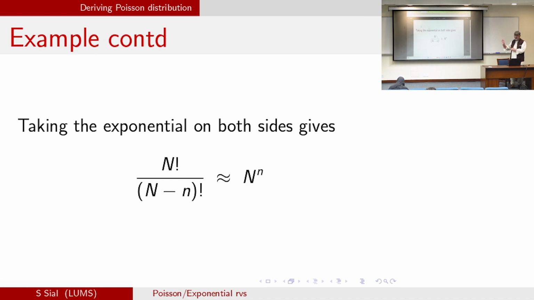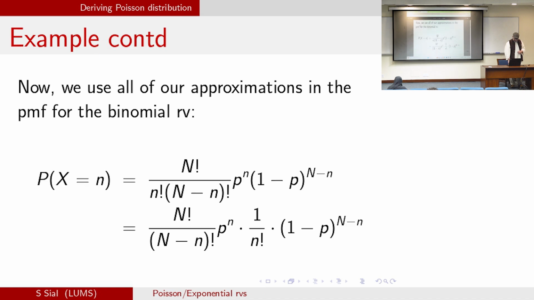So in the PMF of the binomial random variable, I can replace this binomial coefficient by big N to the small n. Okay. So all the approximations that we talked about, we are going to put them into the PMF.